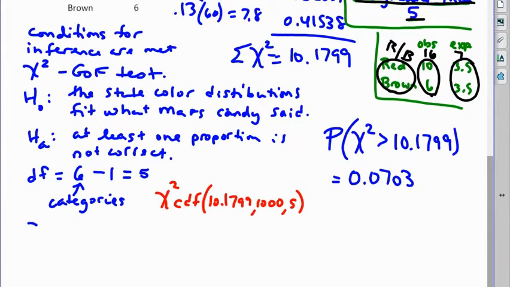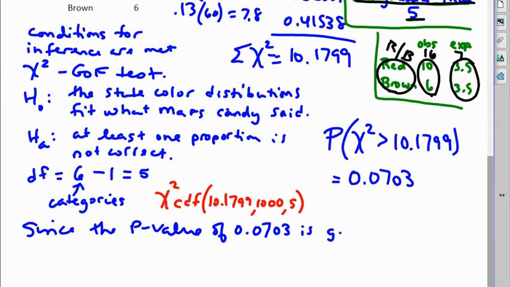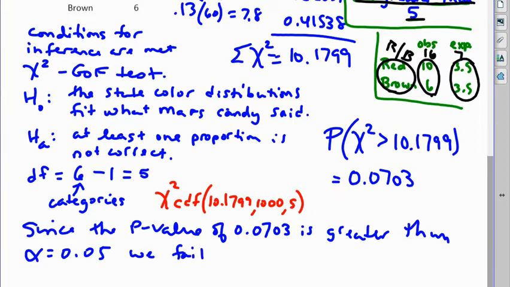So since the p-value of 0.0703 is greater than alpha equal 0.05, we fail to reject the null hypothesis.